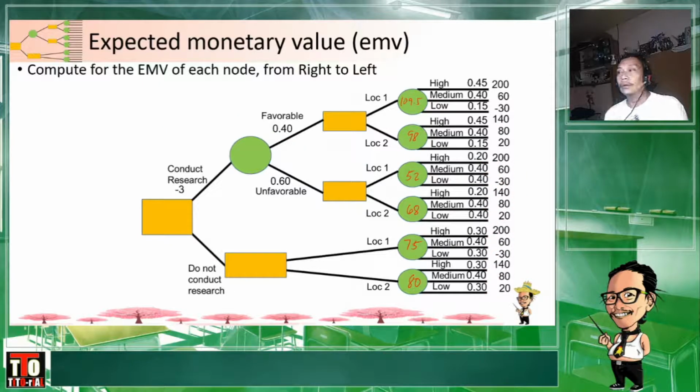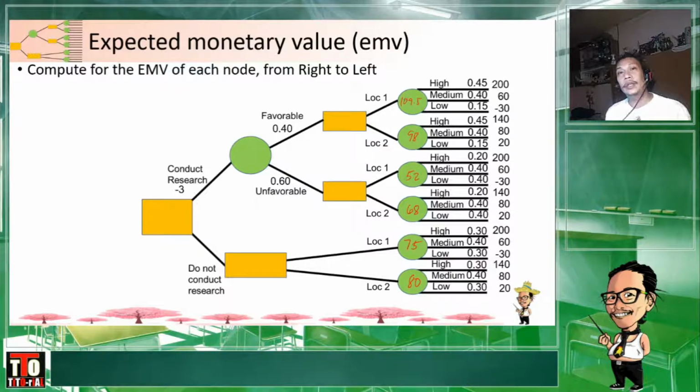Okay. Now, nagkaroon na ngayon tayo ng value for each of the state of the nature nodes dito sa right side. Okay? Again, pag kinumpute natin si EMV, papunta tayo from right going to the left. Okay? So, ang susunod natin is, since may decision node tayo dito, alin ba ang pipiliin natin between 109.5 or 98?